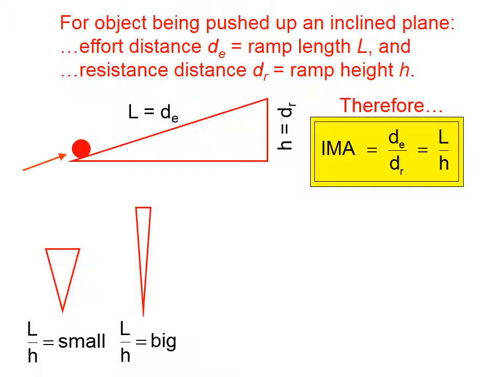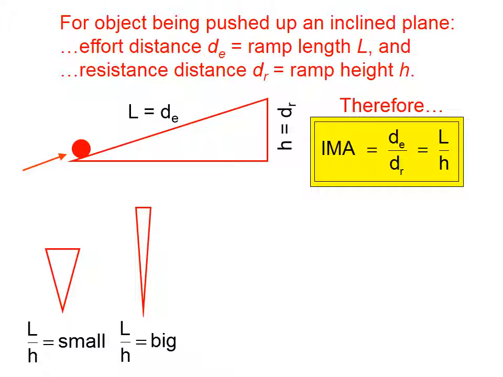If we look at these two wedges in the lower left corner of the screen, the one on the left has a small L to H ratio, which means it has a rather small ideal mechanical advantage. The one on the right has a big L to H ratio, which means it has a rather big ideal mechanical advantage. The bigger the mechanical advantage, the less force you have to exert.